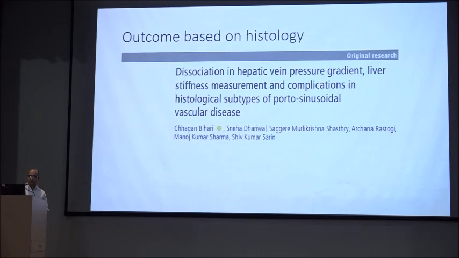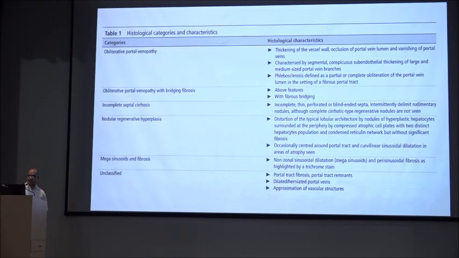So what are those entities which could be there? In this study, we characterized NCPF cases based on histological features into obliterative portal venopathy with fibrosis, incomplete septal cirrhosis, nodular regenerative hyperplasia, megasinusoids, and unclassified.